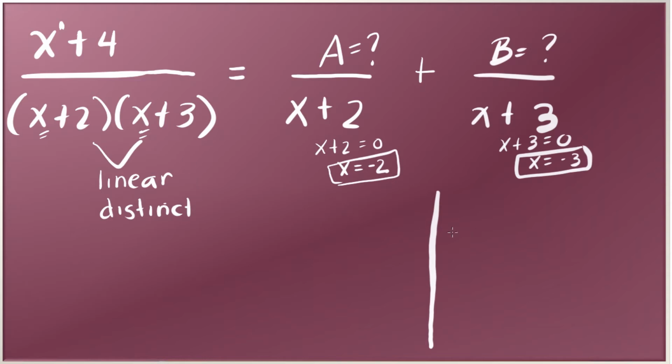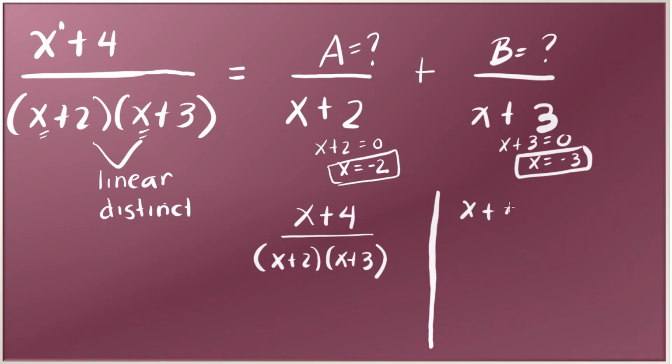Okay, so for both columns here, I want you to write down the original rational expression, that x plus 4 over x plus 2, x plus 3. On this side, you do the same, x plus 4 over x plus 2 times x plus 3.